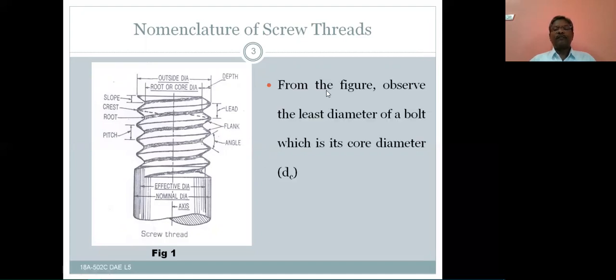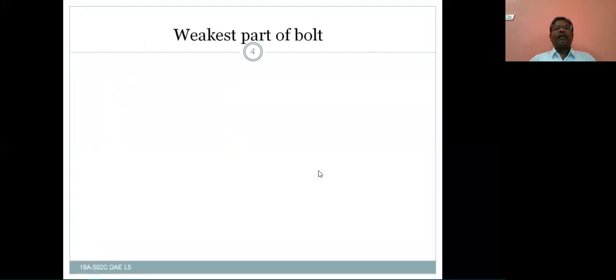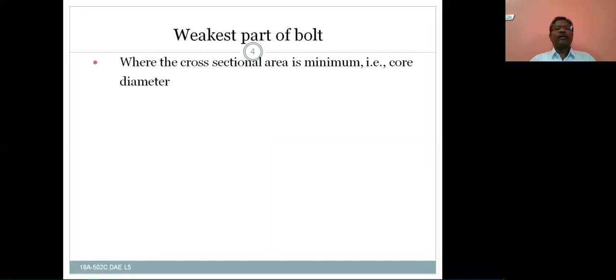So from the figure itself, observe the least diameter of a bolt, which is its core diameter dc. That means that is the root diameter. This is called core diameter, minor diameter. Now the weakest part of the bolt is where the cross-sectional area is minimum. Wherever the cross-sectional area becomes minimum, that core diameter will be the weakest part. So A is equal to the core area.